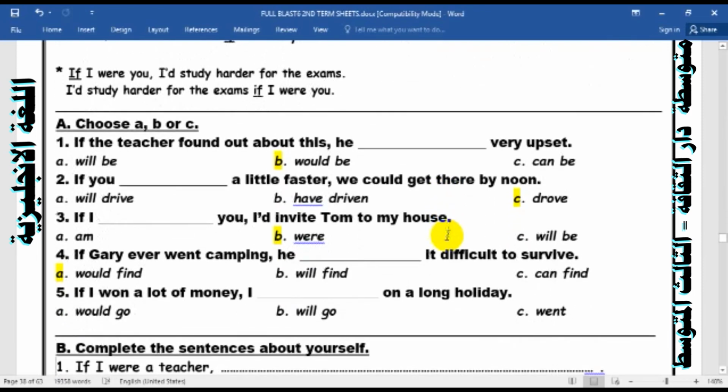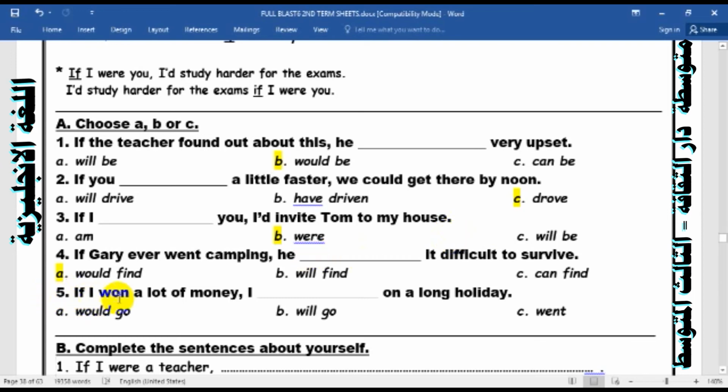Number 4. If Gary ever went camping, he would find it difficult to survive. Yes, the right answer is would find. Yes, if past simple, the second clause, the main clause will be would or could plus verb 1. Excellent.